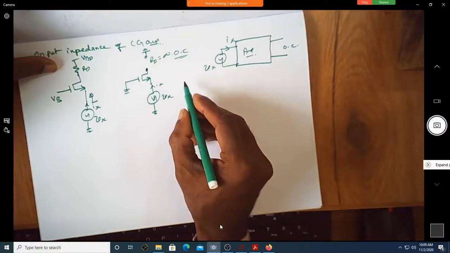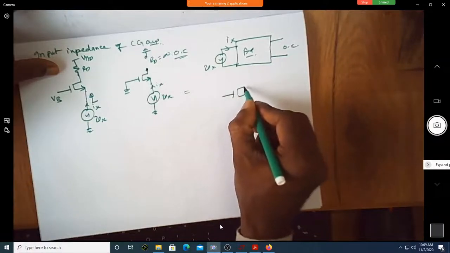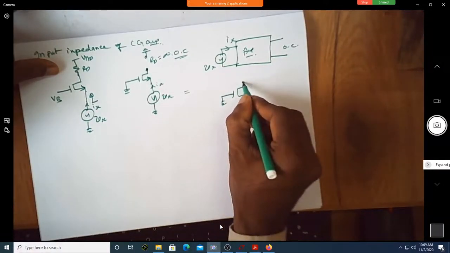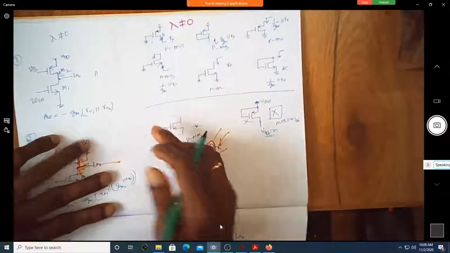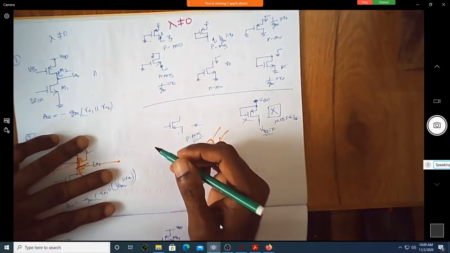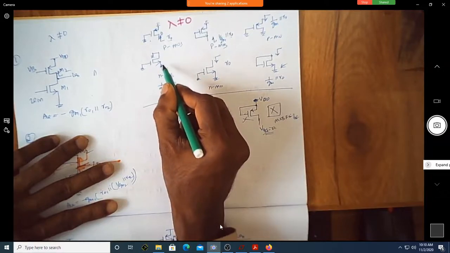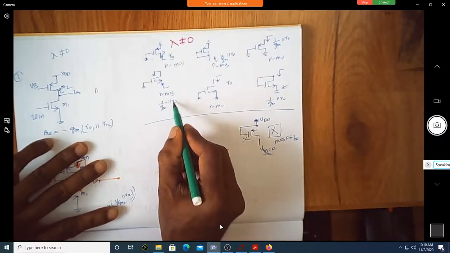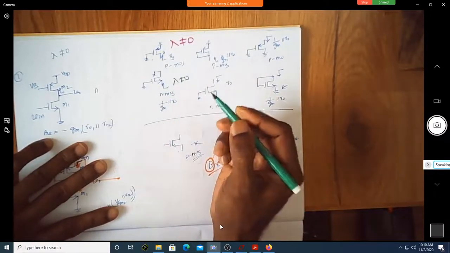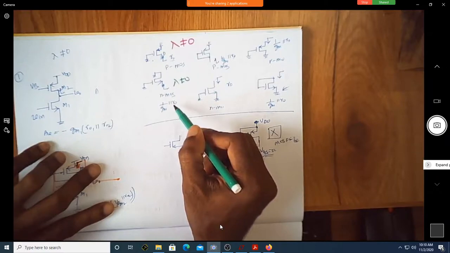Now when you are looking into the source, if this is AC grounded, what resistance are you going to see? That's what we have seen in the earlier classes. Suppose you are seeing from the source, what resistance will you see? 1 over gm in parallel with r naught, if lambda is non-zero.